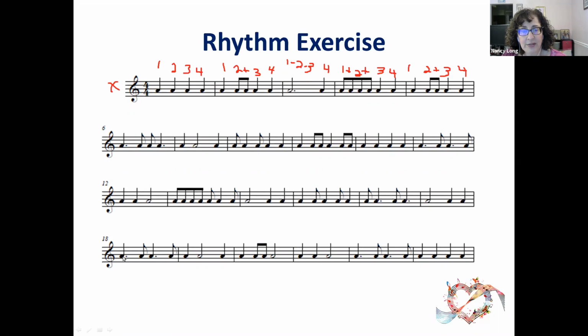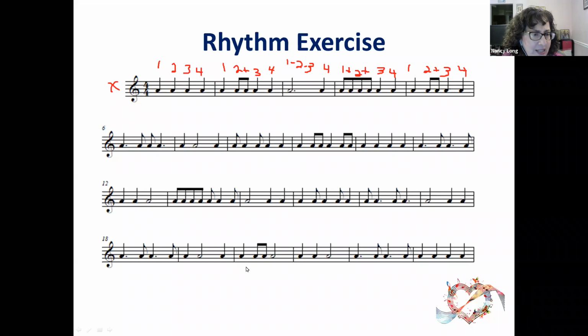So 1, 2, and 3, 4, and would be the rhythm. And then in measure 19, it's 1, and then this half note is 2, 3, 4.